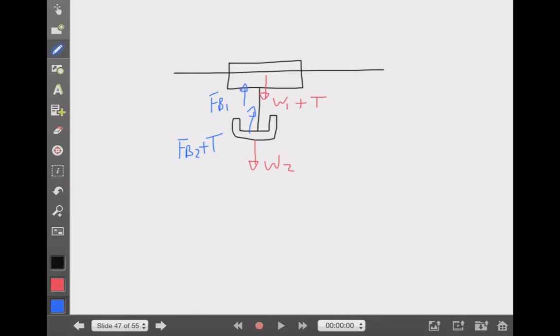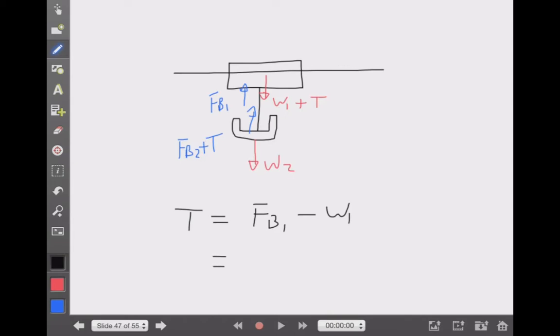So let's first apply force equilibrium to the block to find the tension. The tension of the string will be equal to the buoyant force on the first object, the wood block, minus its weight.